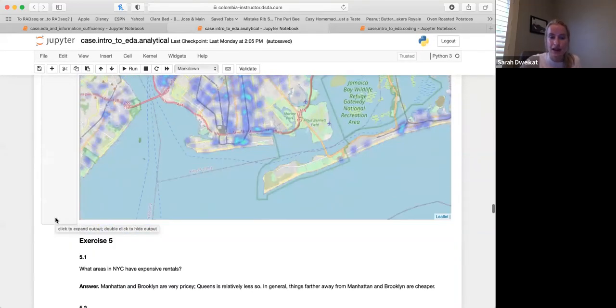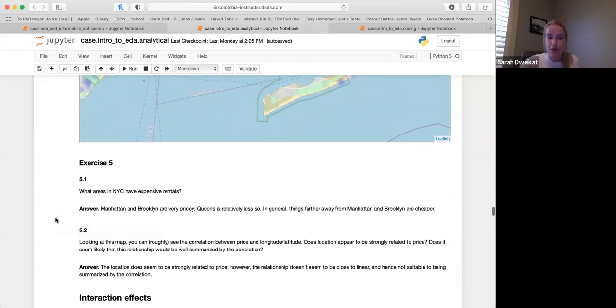So we would say that yes, there is a relationship, but it's not really linear. It's not that as you move east you have a higher price, or as you move west you have a higher price. It seems to be based on whether you're in Brooklyn or Manhattan or Queens. It's the neighborhood, not just whether you're moving north, south, east or west. So it's not a linear relationship.